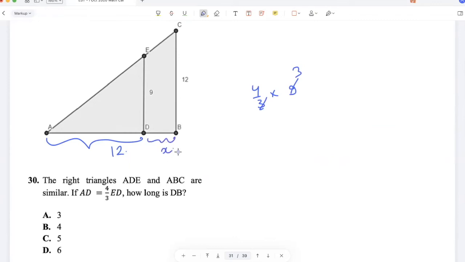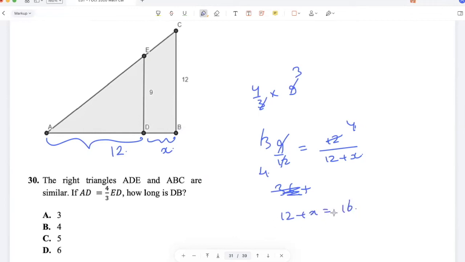Let DB be X. So 9 by 12 should be 12 by 12 plus X, by similar triangles. 3 3s are 9, 3 4s are 12. So 12 into 3, 36. Oh wait, I can just do 3 with this, so 4. So 12 plus X is 16, so X is 4. DB is 4.